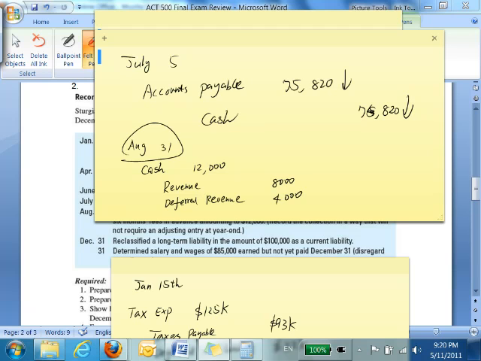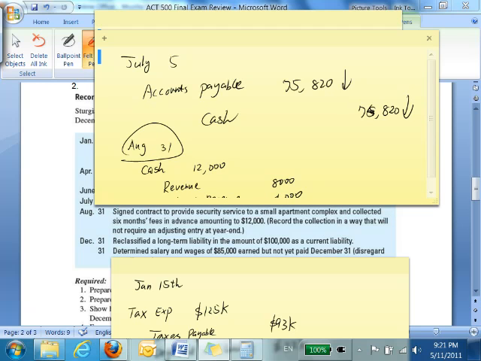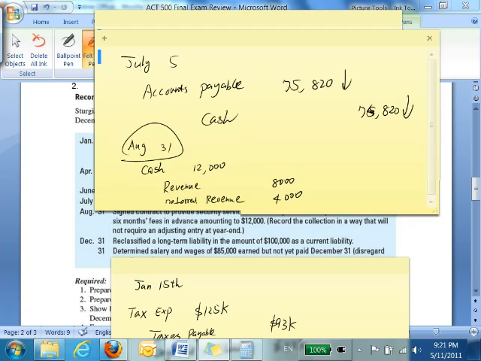Now, why wouldn't that be a deferred revenue of 12,000 completely? Because they collect 6 months fees in advance, right? So this is kind of unearned revenue or deferred revenue.